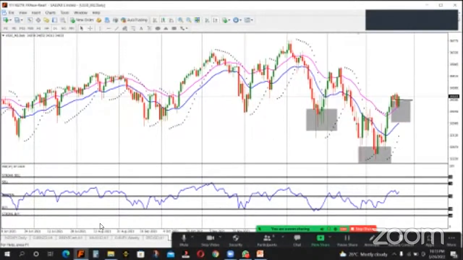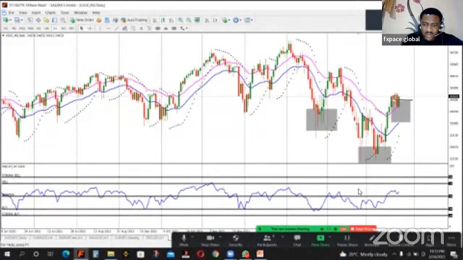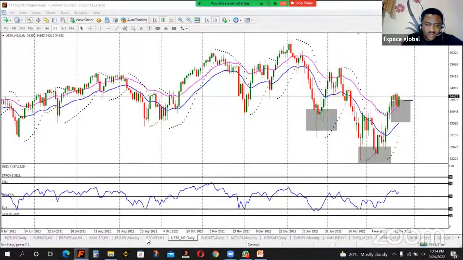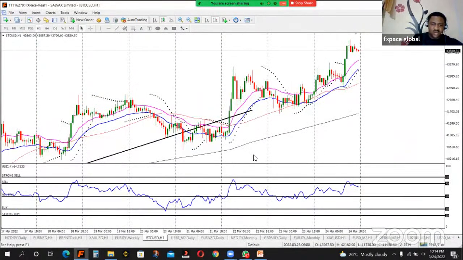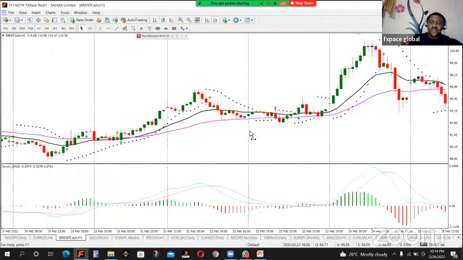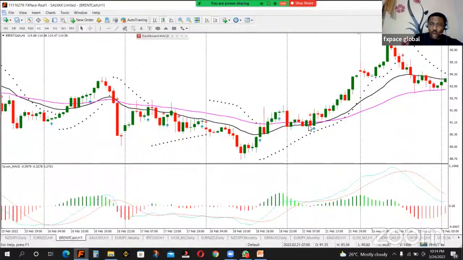Okay, let me share the chart again so I'll explain it. If we're using the cross, look at the smaller period moving average crossing the bigger moving average from below.